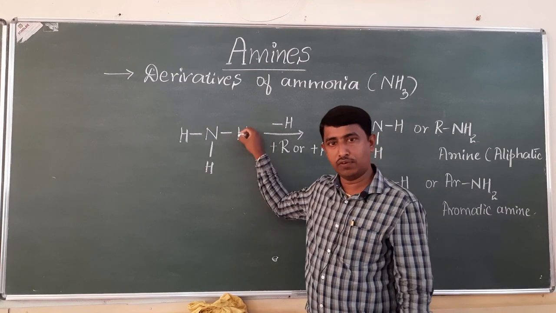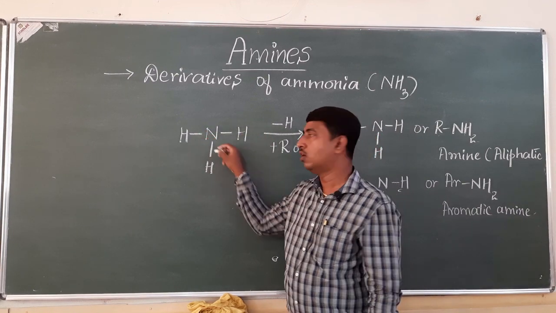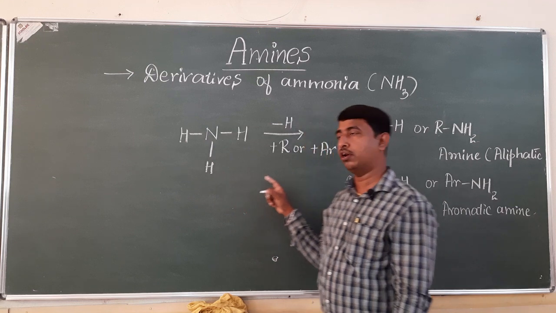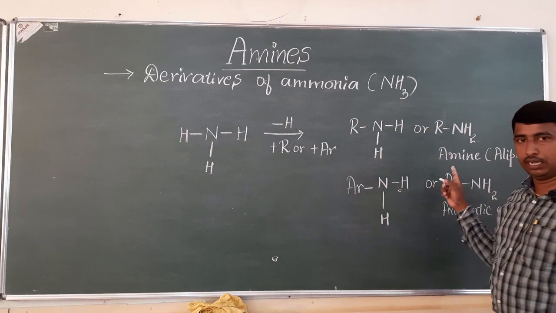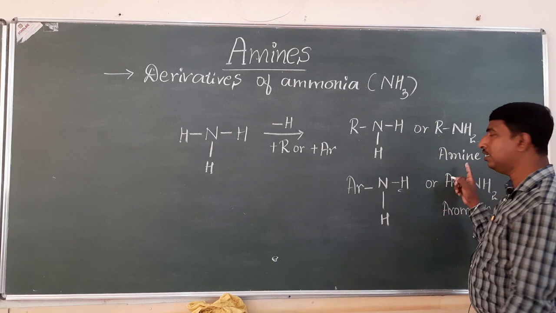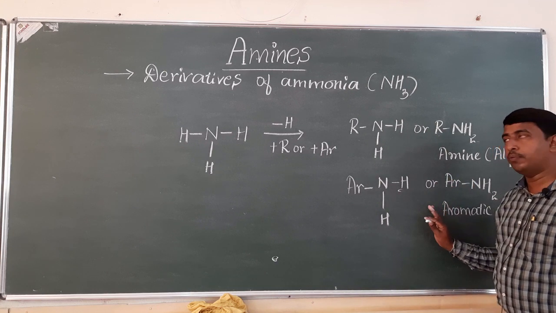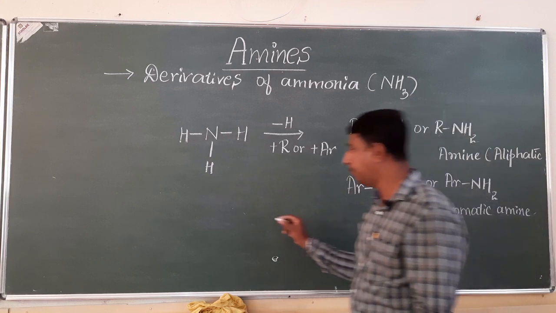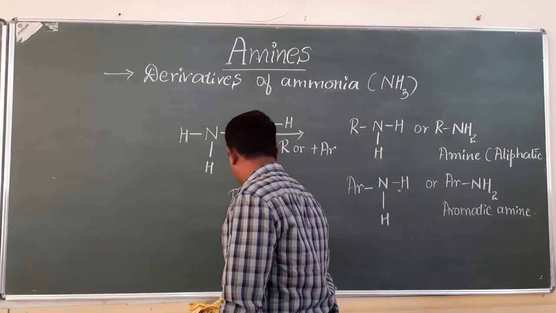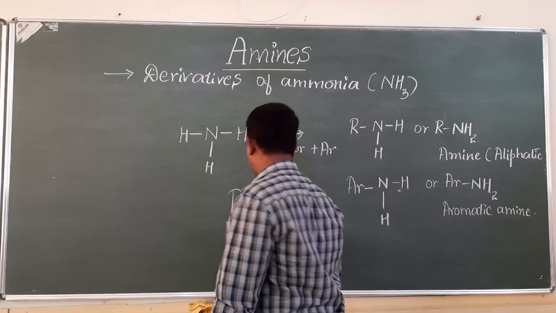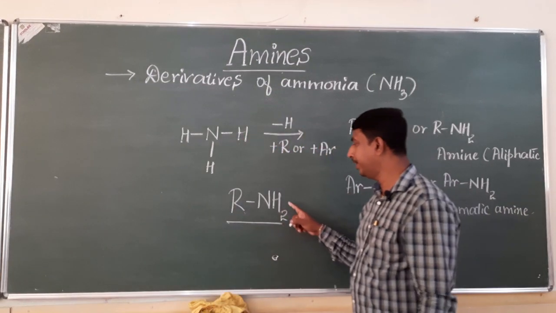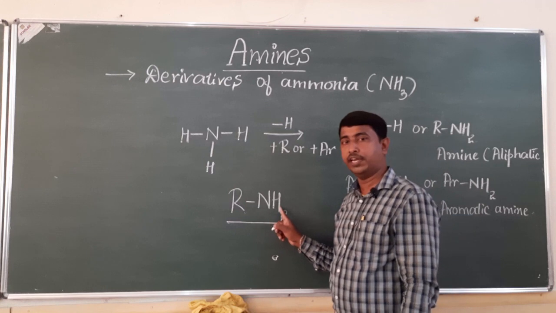If I replace one hydrogen, or 2 hydrogens, or all 3 hydrogens by an alkyl group or aryl group, I will get an amine, either an aliphatic amine or an aromatic amine. Amines are represented by the general formula RNH2, where NH2 is the functional group of an amine.